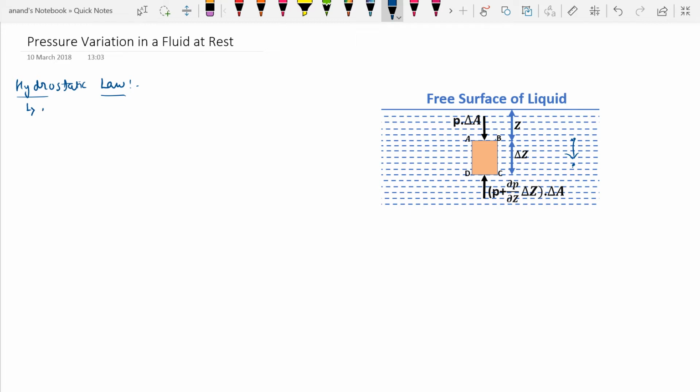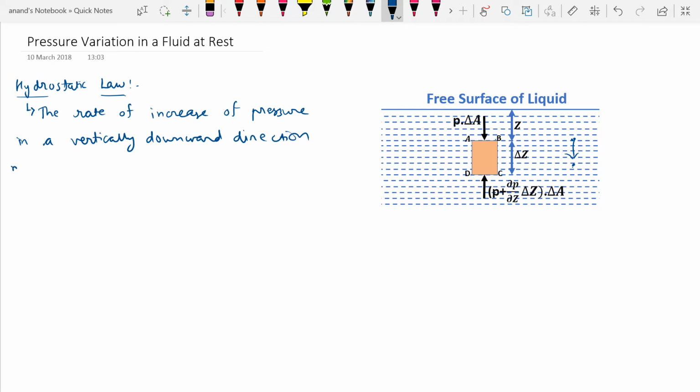According to which the rate of increase of pressure in a vertically downward direction must be equal to the specific weight of the fluid at that point.